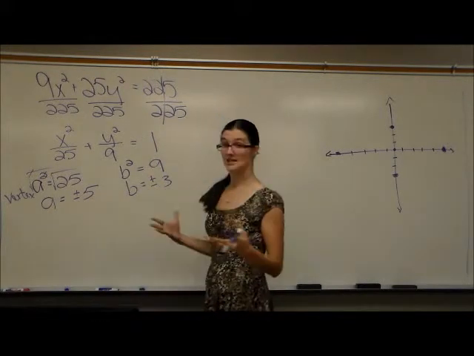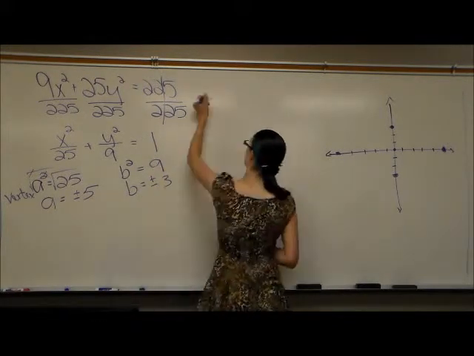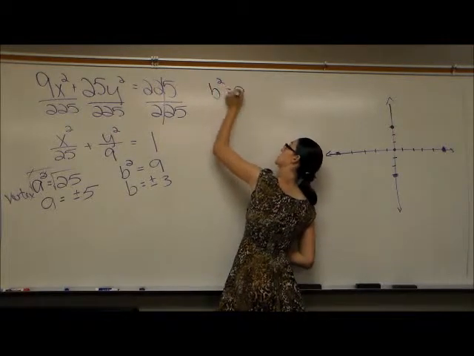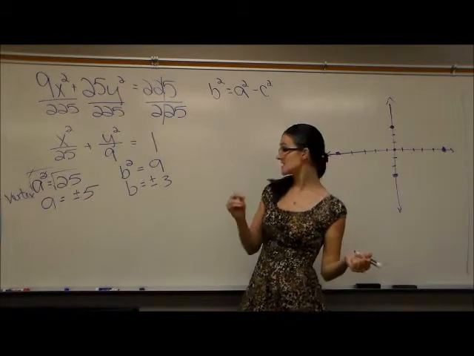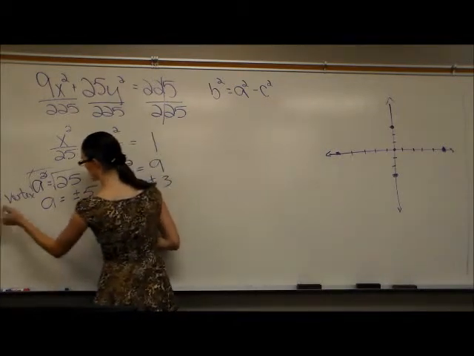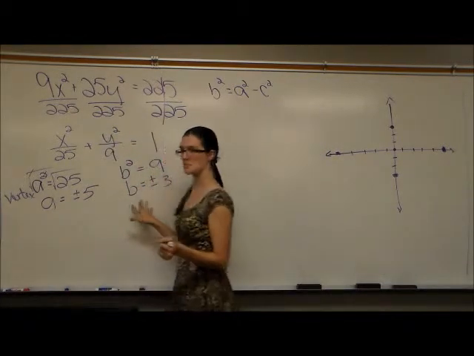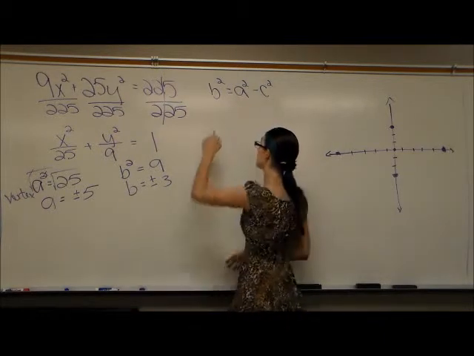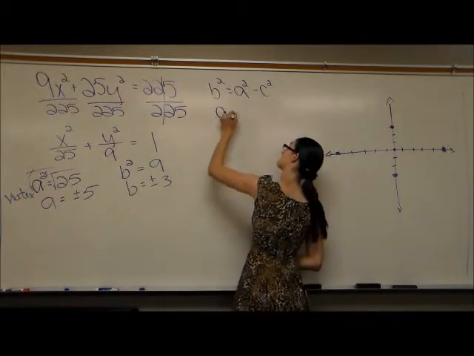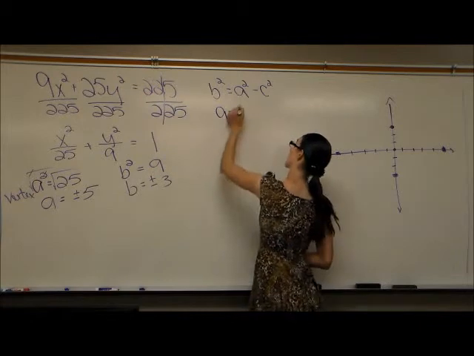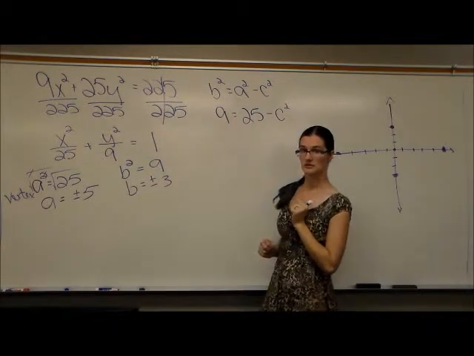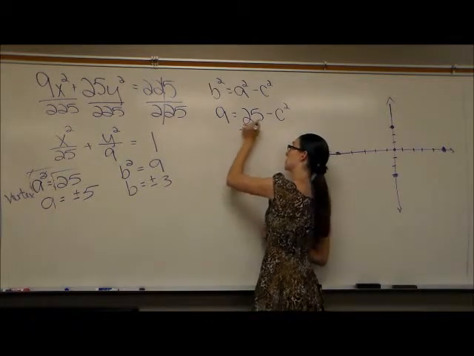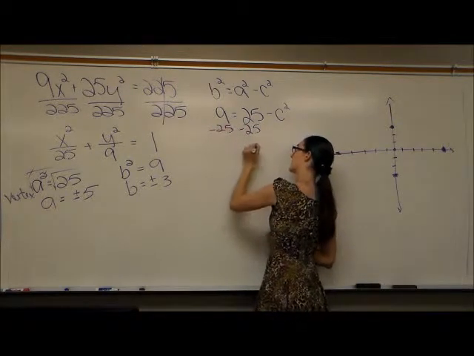So starting off, let's get the foci. We have the equation b squared equals a squared minus c squared. C is always your focus. So vertex is A, minor axis is B, C is your focus. We know b squared is 9, a squared is 25. We do not know c squared. So if we solve for c squared, we're going to subtract 25.